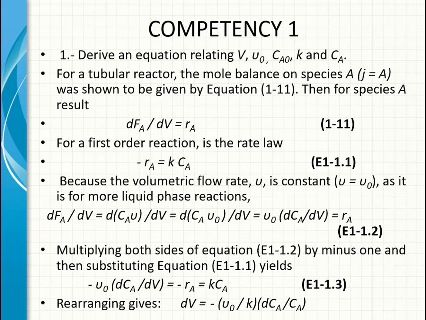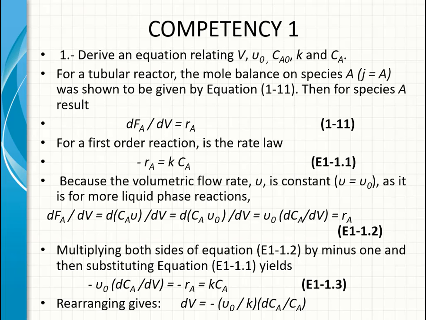As the volumetric flow rate is constant, we can take it out, and this is equal to V0 times dCA divided by dV, and all this is equal to the rate Ra, according to the first equation at the top of this page.